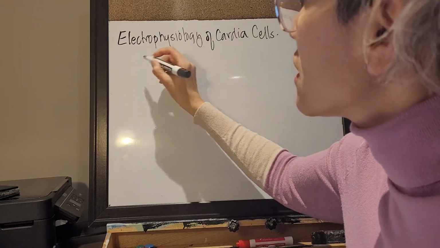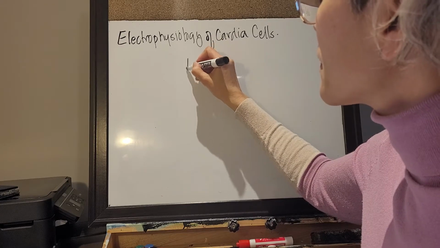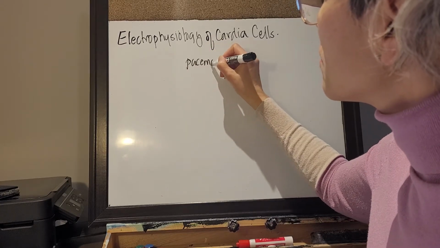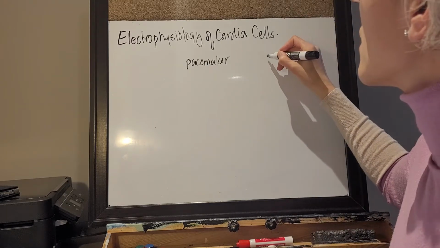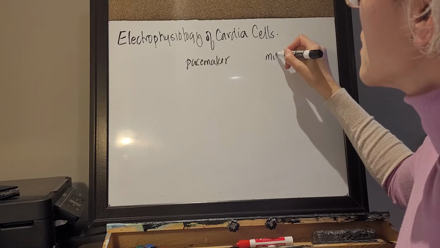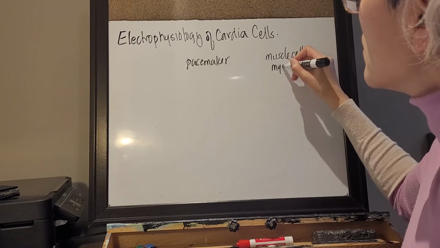So there are two kinds of cardiac cells. There is pacemaker cells, and then there are the muscle cells or myocytes.